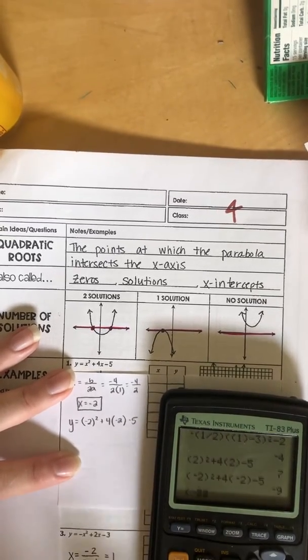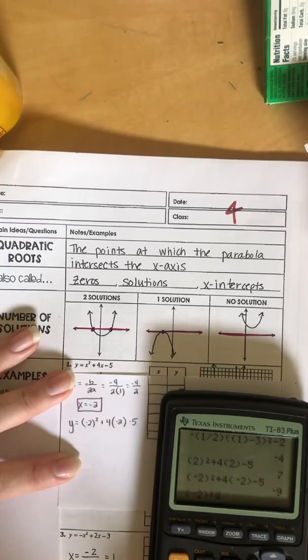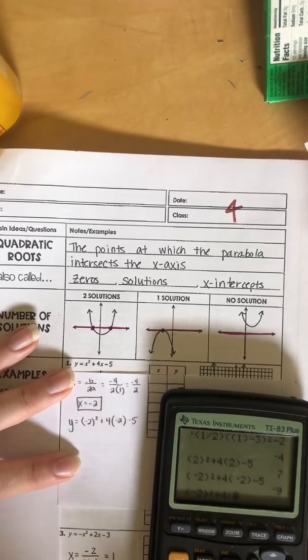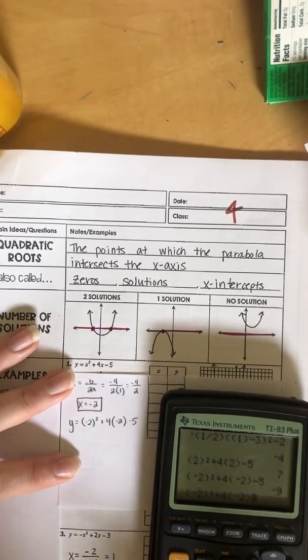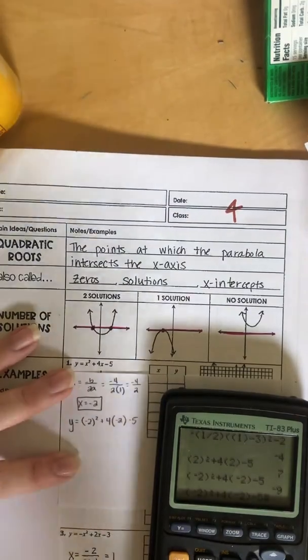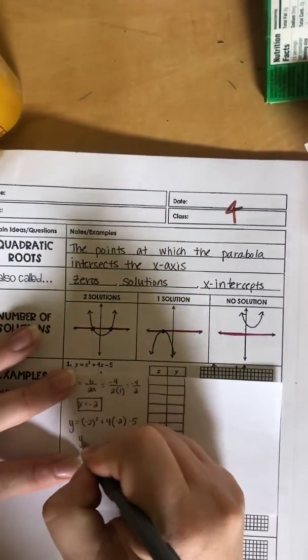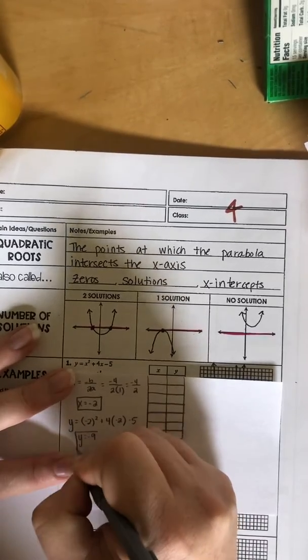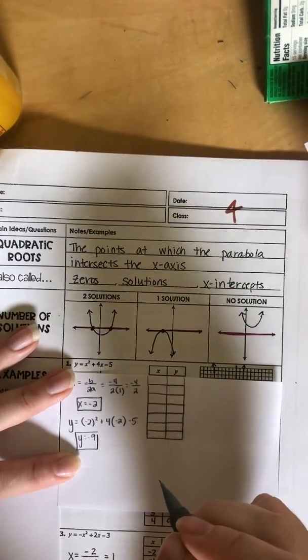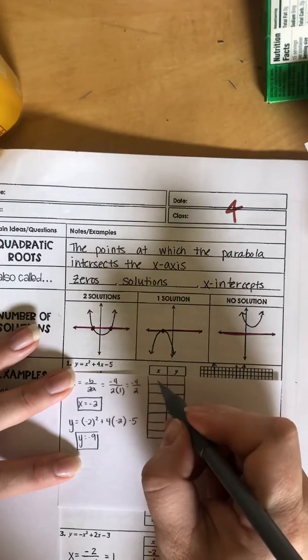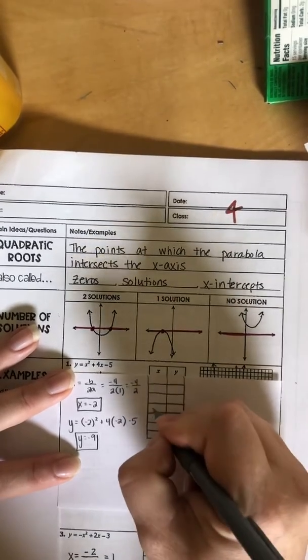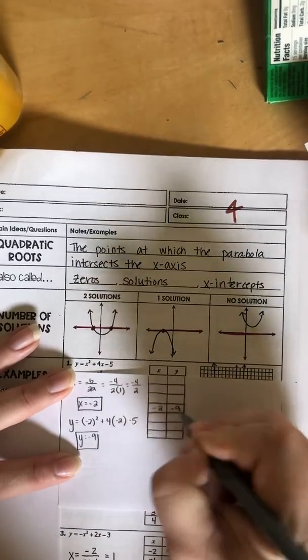Make sure when you are plugging in things, they are going in parentheses, and it's negative 9. All right, so y equals negative 9. So then here's your coordinate, and it's going to go right into the middle. So we're going to do it at negative 2, negative 9.